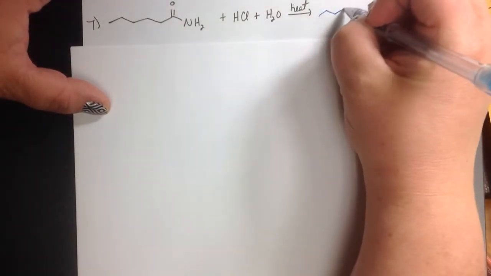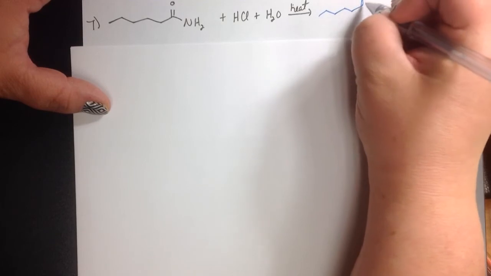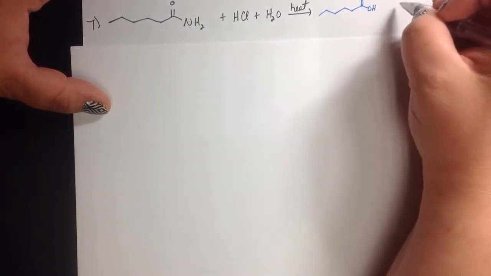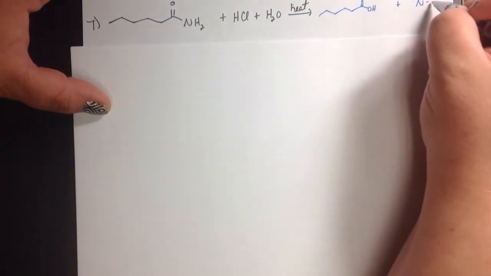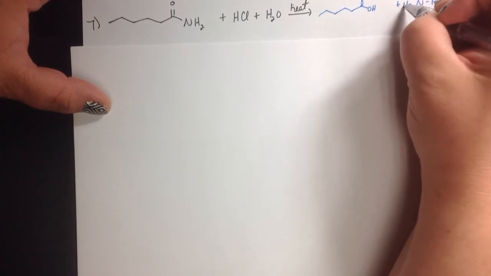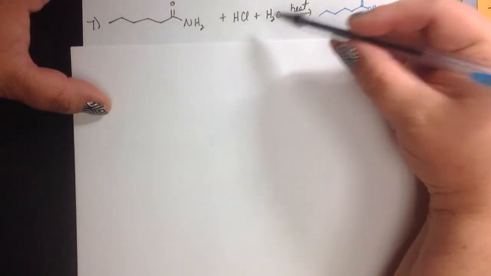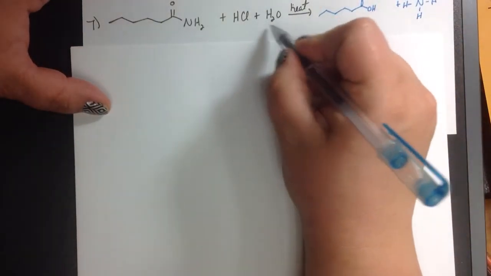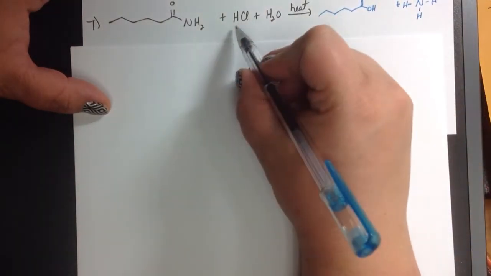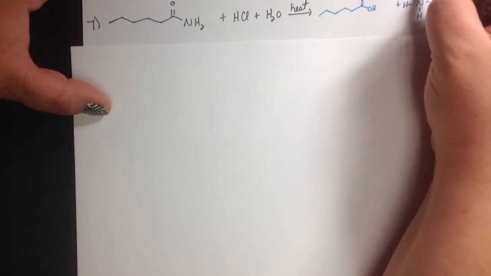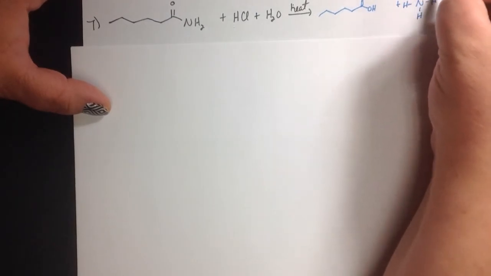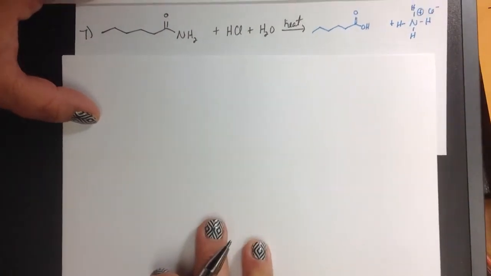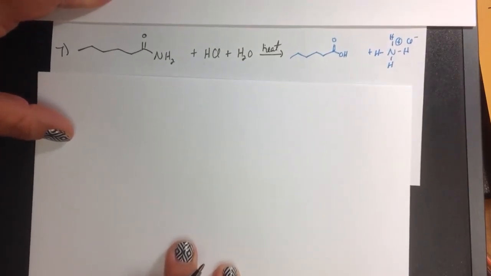So let's start with 1, 2, 3, 4, 5. Boom, boom, boom. There's my carboxylic acid. And here's 1, 2. I get the third one from right here. The OH from the water went over here. When I take into account HCl, that's where the H plus Cl minus comes from. Oh, I'm sorry about that. There we go.